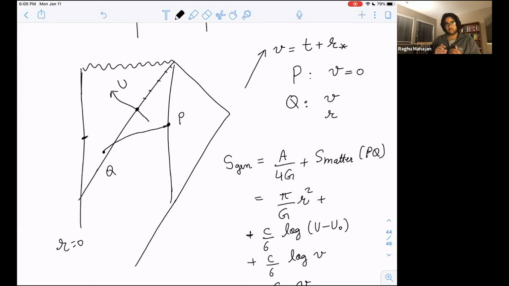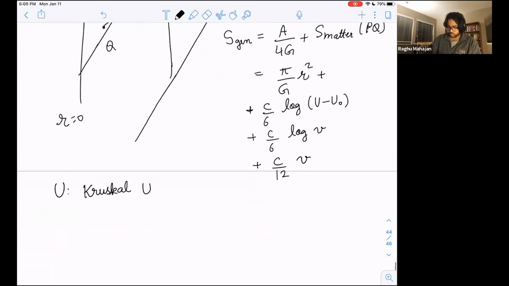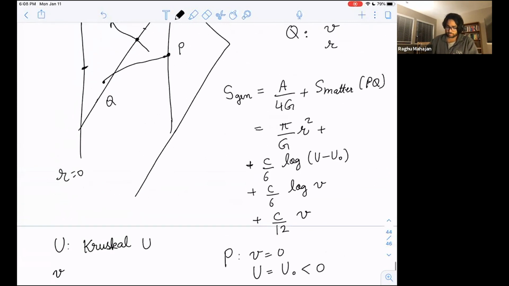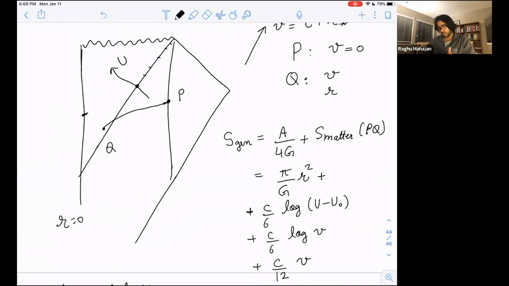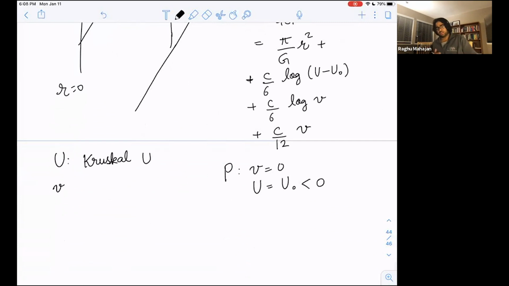Because we don't have a past horizon, we don't need to worry about capital V. Little v suffices. So the coordinates that we work with are capital U and little v. And what's U naught? The point P has v equals 0 and U equals U naught, which is negative, because it's to the past of the horizon. Our goal is to find the coordinates of Q.